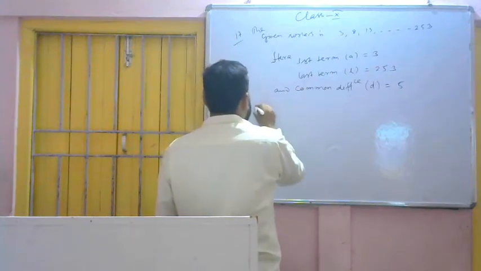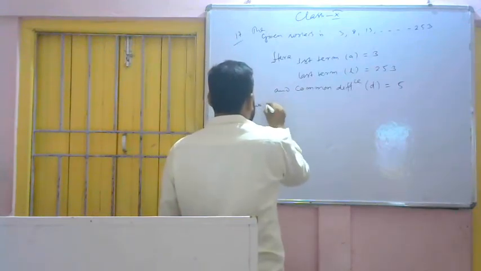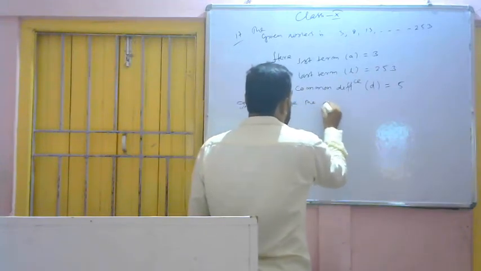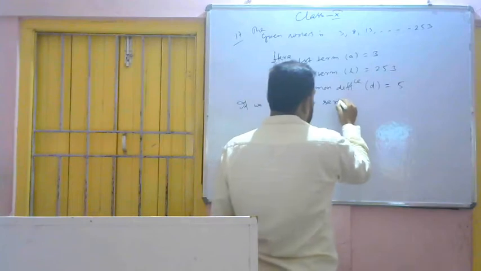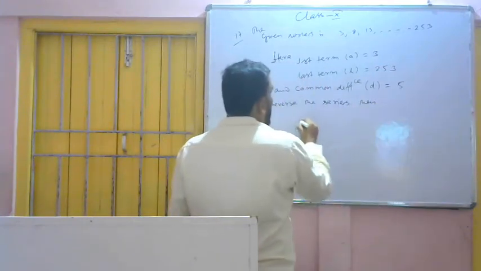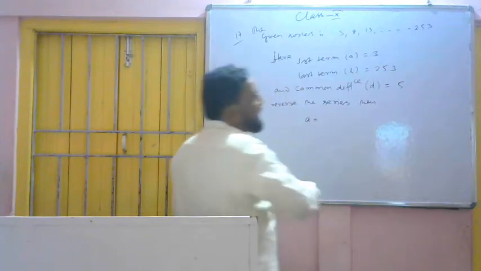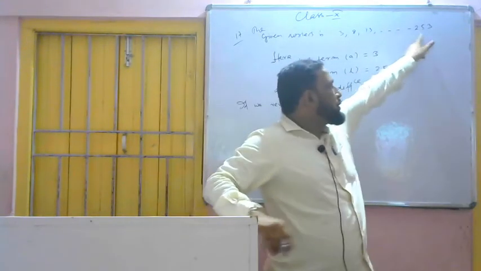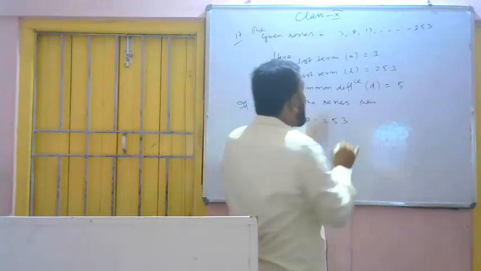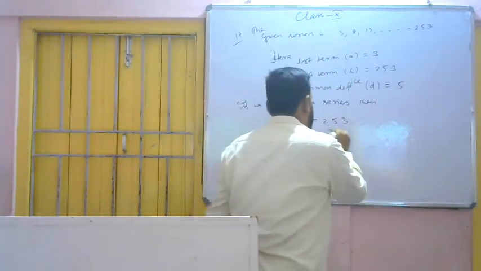If we reverse the series, then A will become the last one, 253. L will become 3.